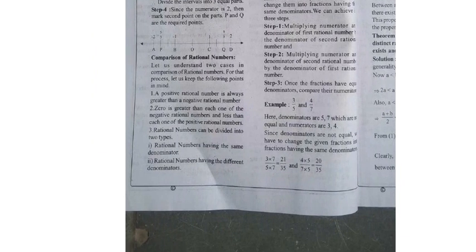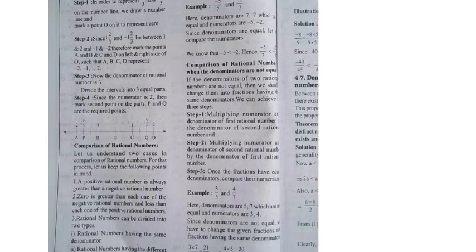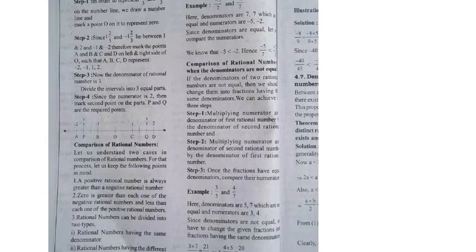Comparison of rational numbers. I already explained how to compare. Comparison of rational numbers when the denominators are not equal. In the same method you can approach. For example, here the question is 3 by 5 and 4 by 7.